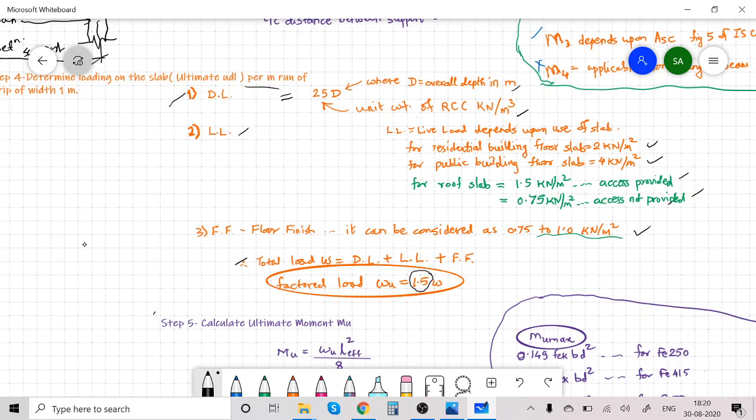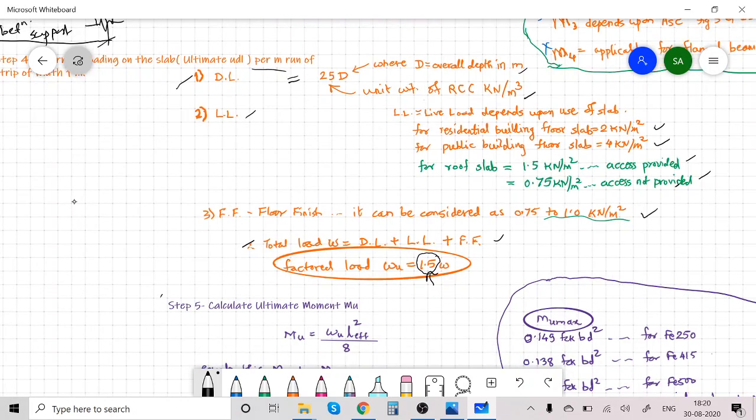Now add all dead load, live load and floor finish load to get W. Then multiply that W by the partial safety factor for load, 1.5, to get the factored load WU, which is also known as ultimate load or design load. So WU is 1.5 times the working load W.